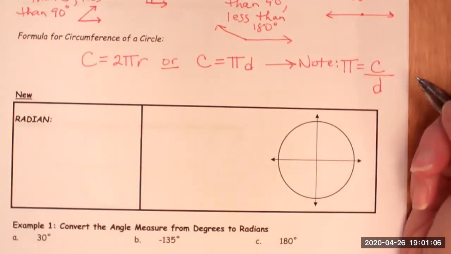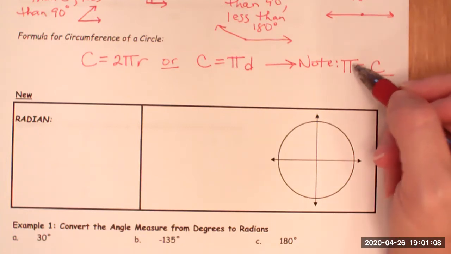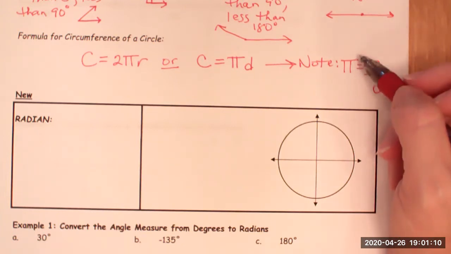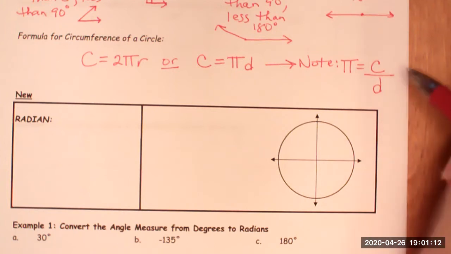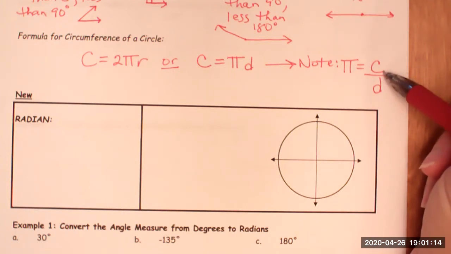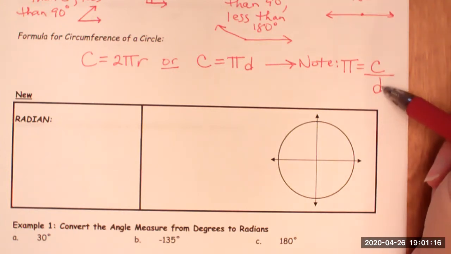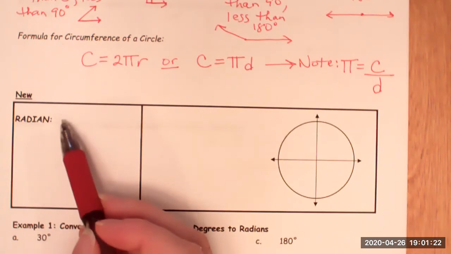So we know pi is approximately 3.14, so we know that the distance around a circle is a little over 3 times the length of its diameter.